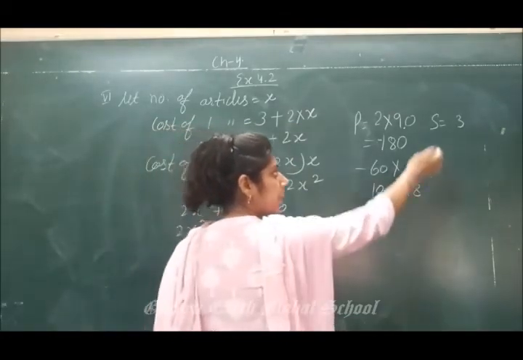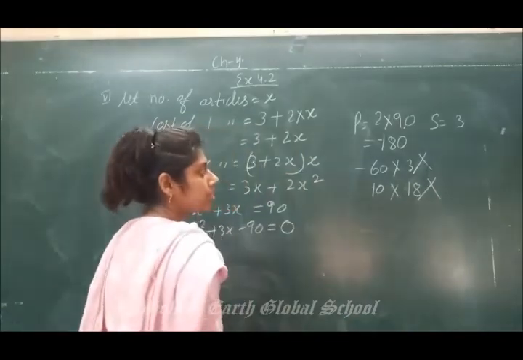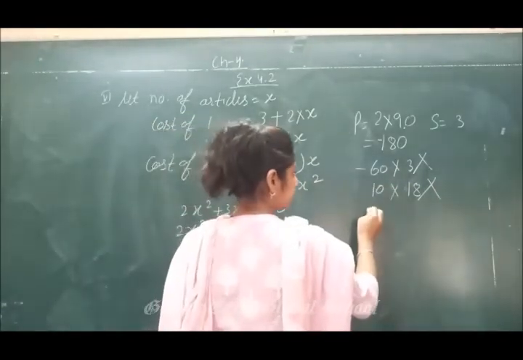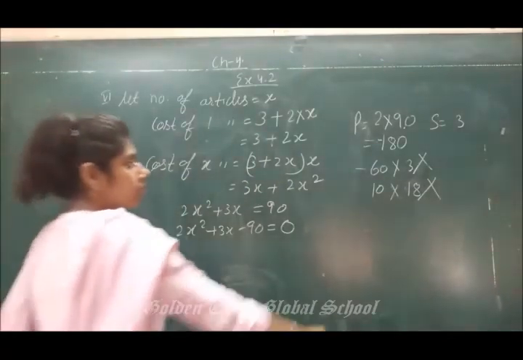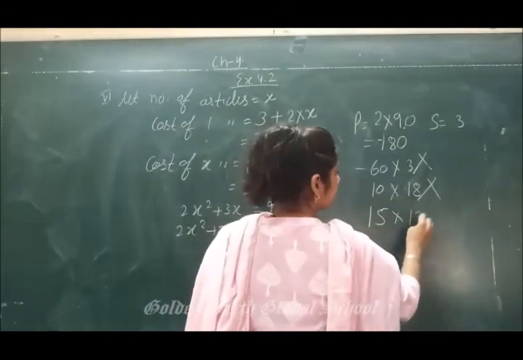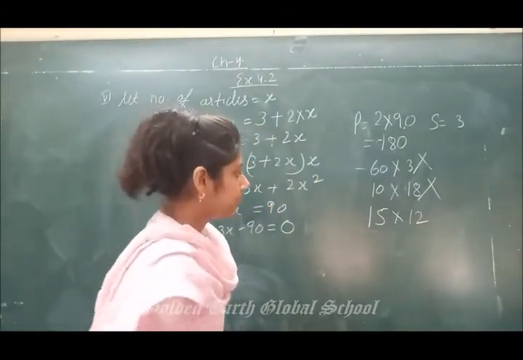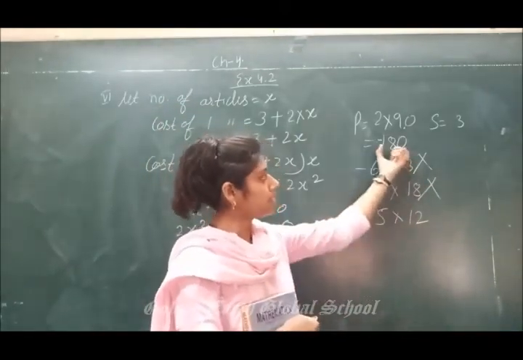Again the subtraction is not 3. So these are again not the factors. What is the other form? 180 can be written as 15 into 12. So the difference of 15 and 12 is 3 and the product of 15 and 12 is 180.